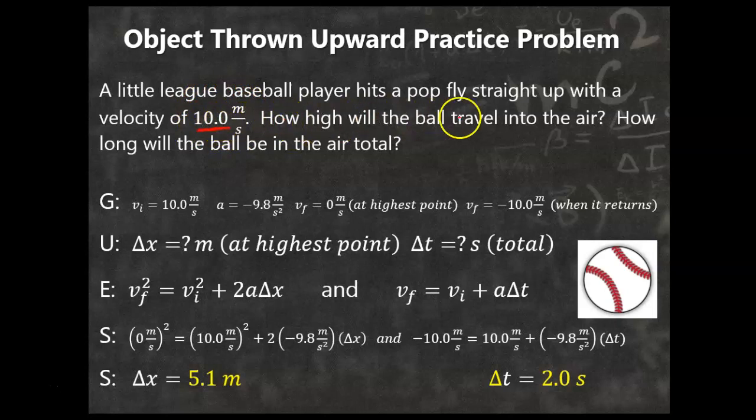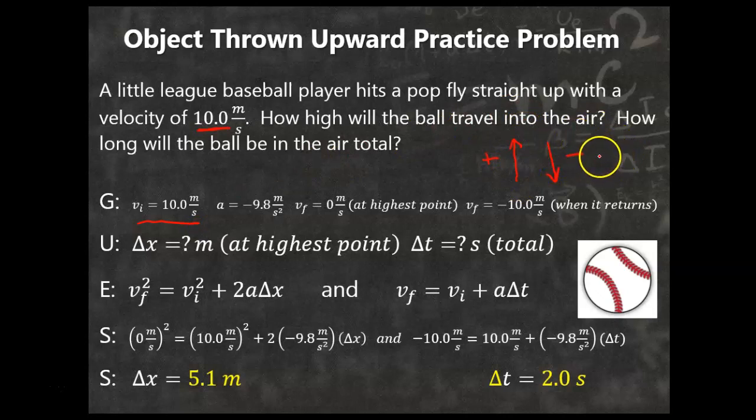Okay? How high will the ball travel into the air, and how long will the ball be in the air? Okay, well, what did they give us? They gave us an initial velocity of 10. Again, in this case, we're considering up. Anything that's up is positive. Anything that's down is negative.